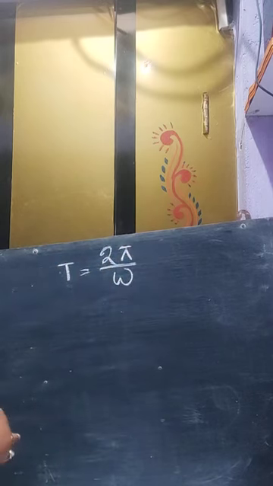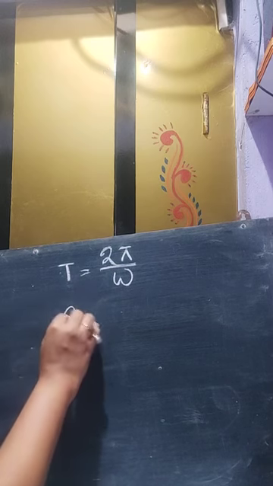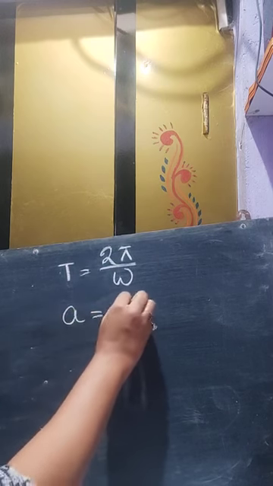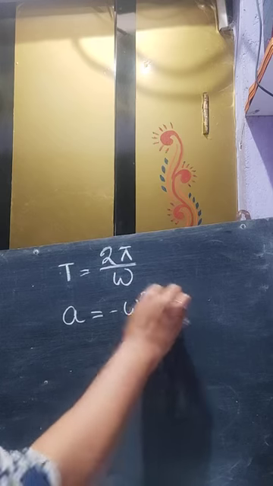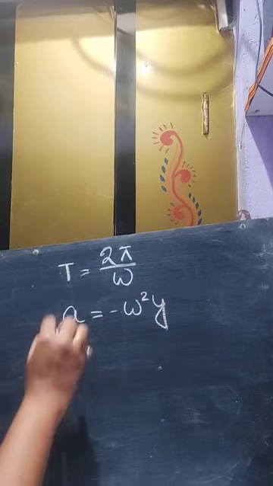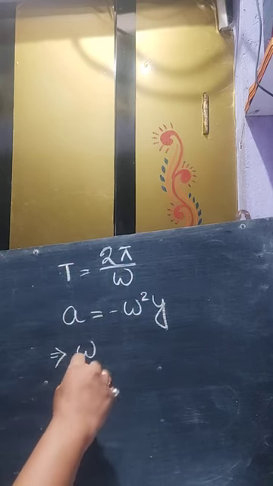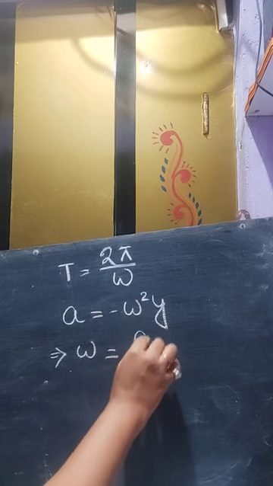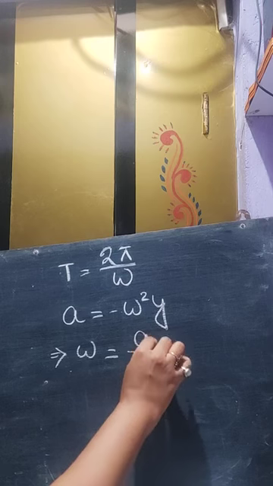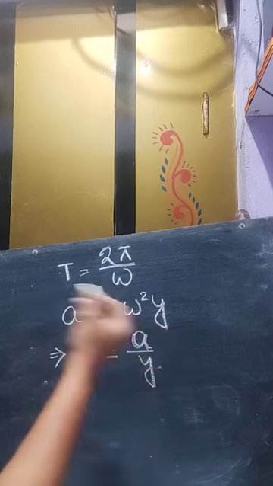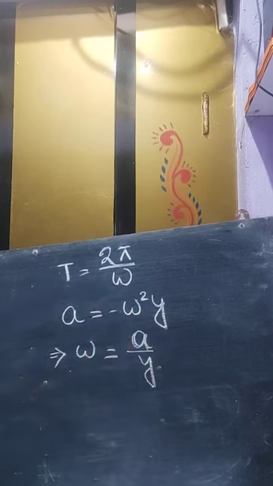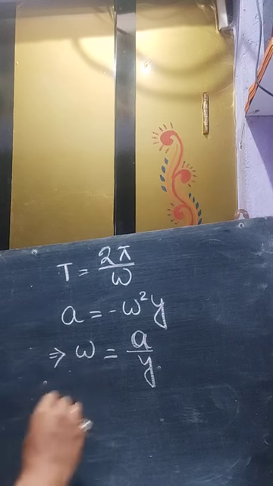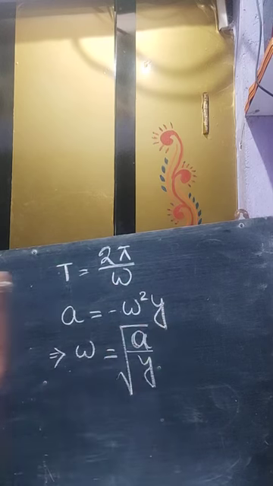And from the previous equation we got that acceleration equals minus omega square y. So from here we can find that omega equals the square root of acceleration by y, considering the mod value, that is the positive value of omega.